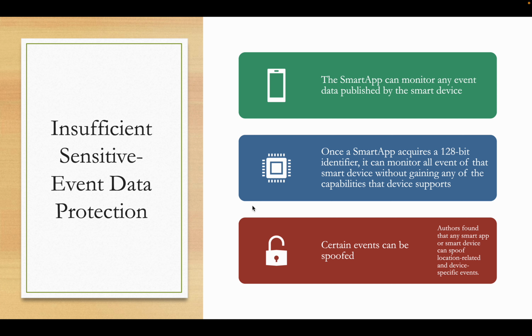The authors use smoke as an example. A smoke detector can go off in your house and it's really a false alarm, but that's just a way for them to use an intrusion to alarm a homeowner potentially.